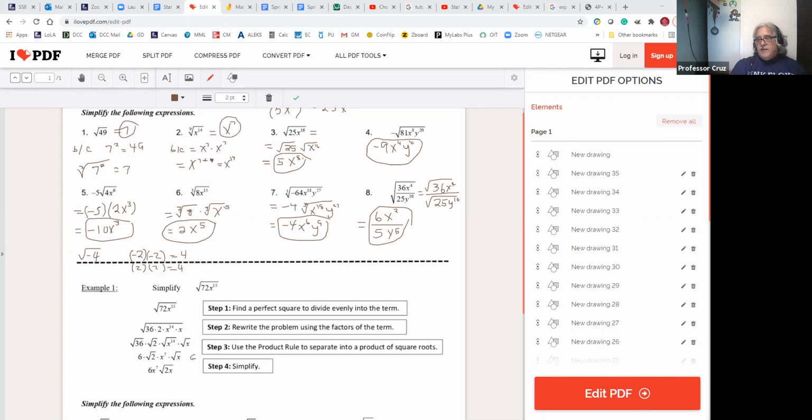That's the best way usually to fix those things. So the 6 and the x to the 7th come out, so they're in front, multiplying one another. And then the 2 and the x are still under the radical, so they stay there, multiplying the 6x to the 7th.